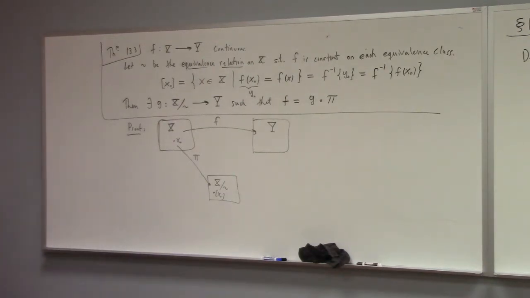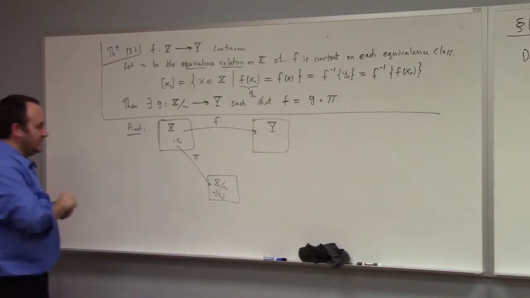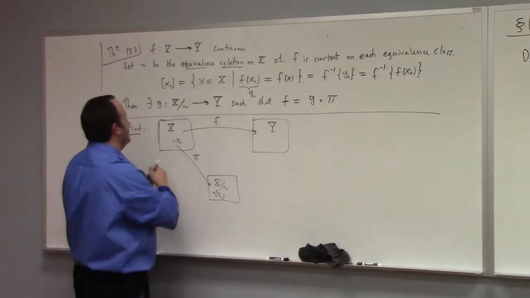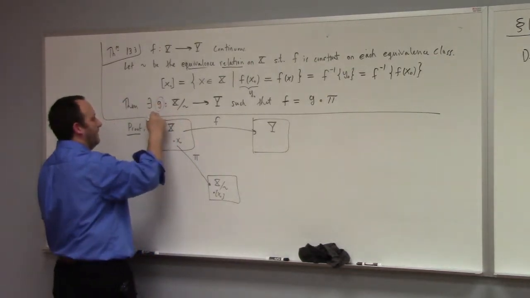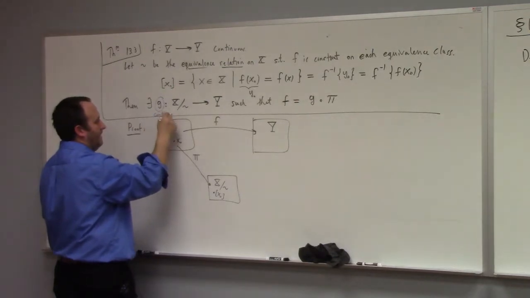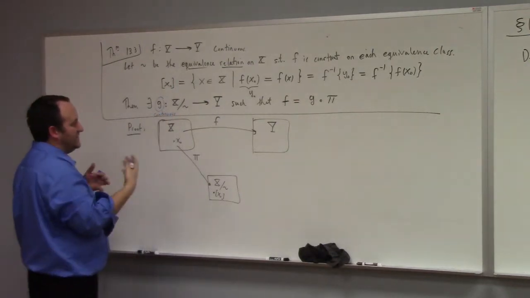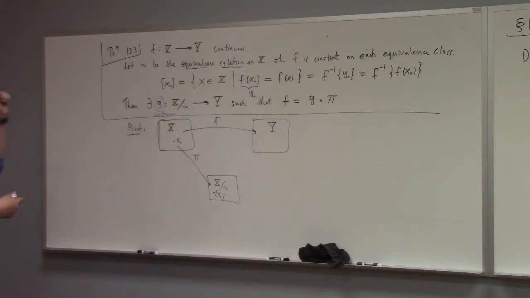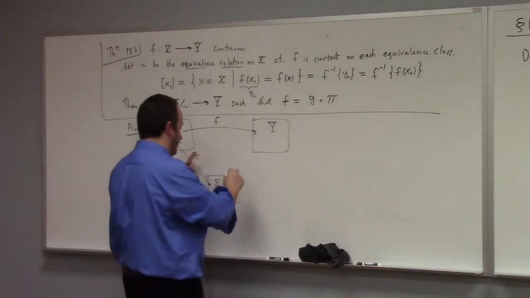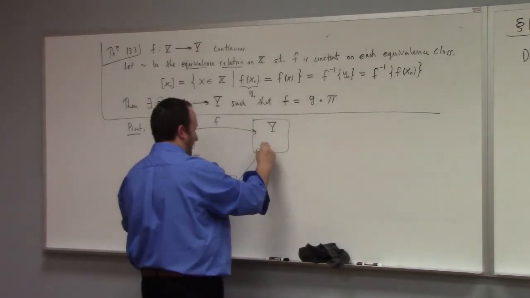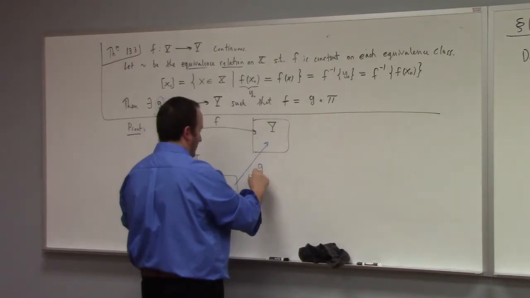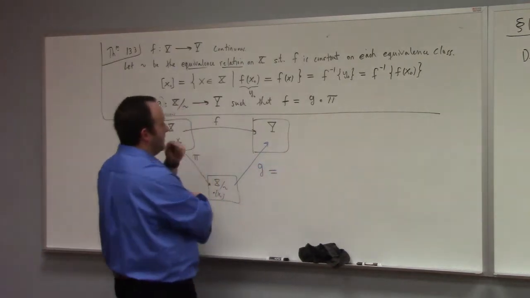So this theorem is claiming that there exists a continuous, not just that the map exists, but a continuous map from here to there. And G is equal to what?